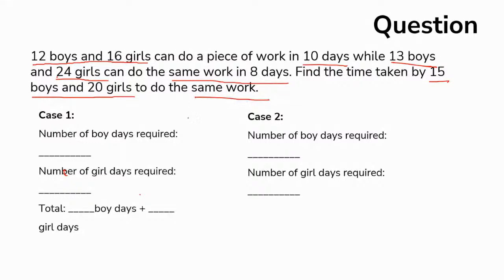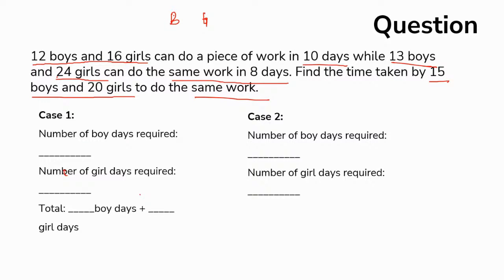Guys, in such kind of questions, what we are going to do is try to convert the total values. Here they have only given boys and girls, so either try to convert everything in terms of boys or everything in terms of girls and then calculate it.